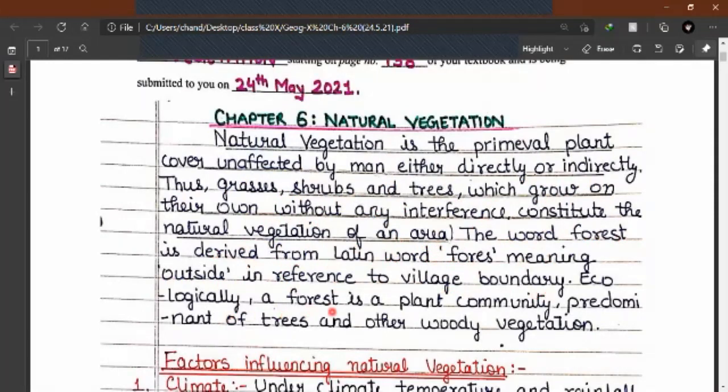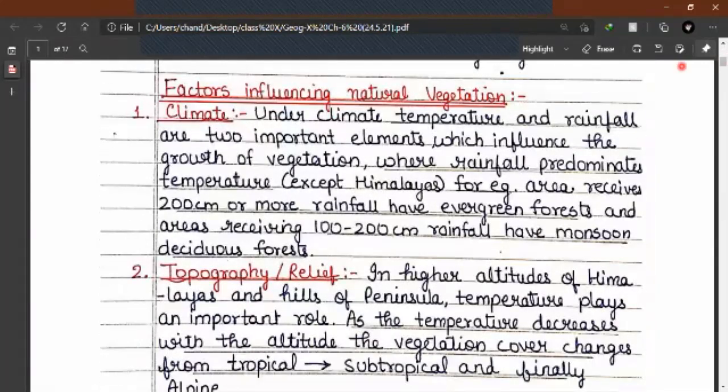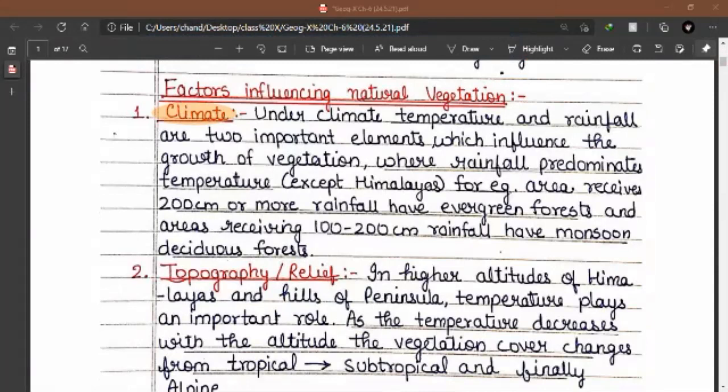Ecologically, a forest is a plant community predominant of trees and other woody vegetation. Now, what are the factors influencing natural vegetation? The very first factor is the climate.